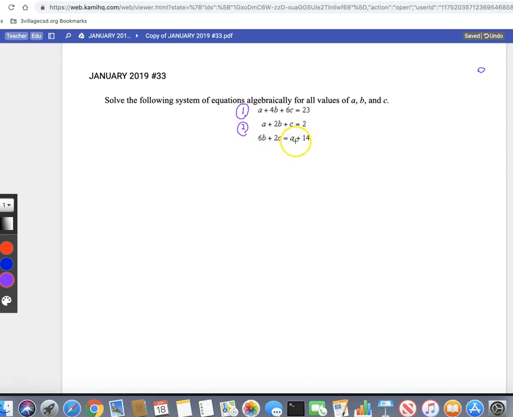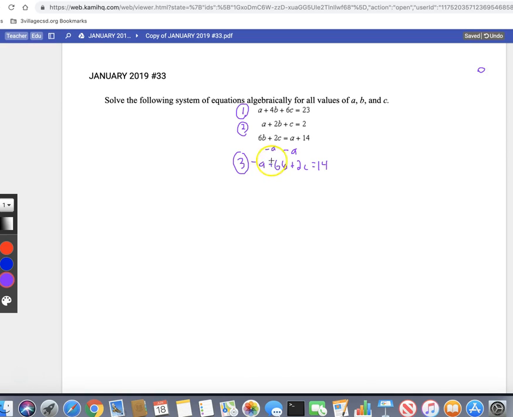So the first thing that we perhaps want to do, as we typically see with systems of equations, is to move the variable a to the other side of our equation before we start doing any operations. So we would have here negative a plus 6b plus 2c equals 14. And this would be our equation number 3.